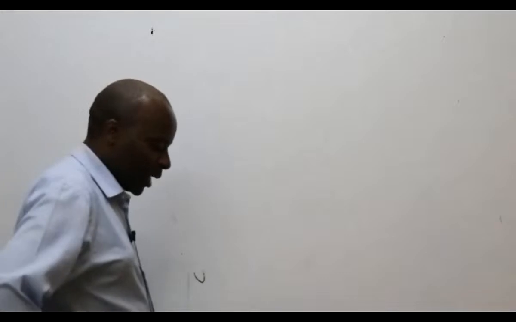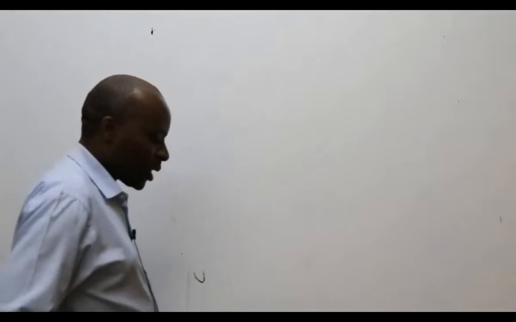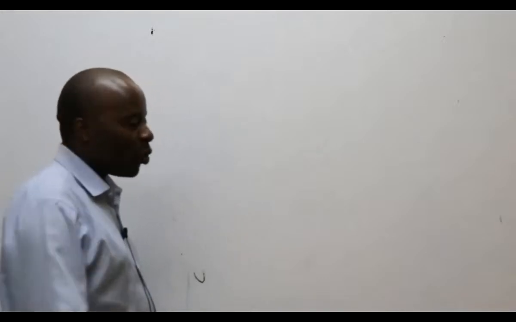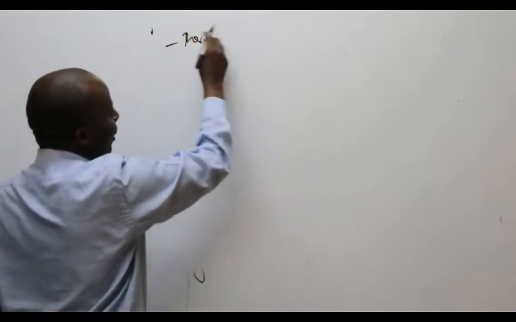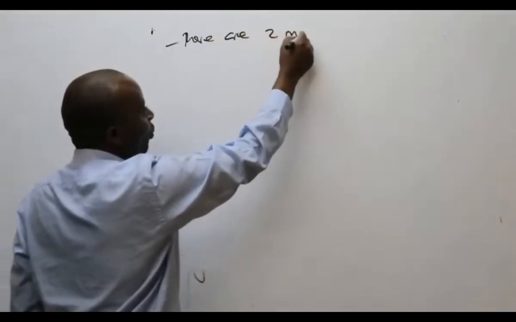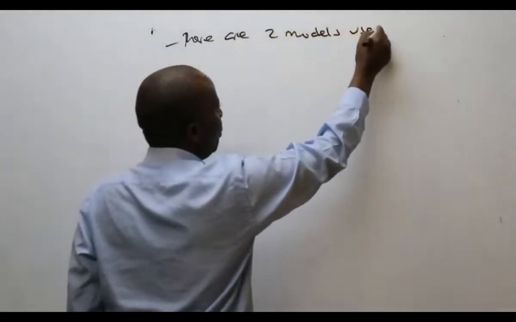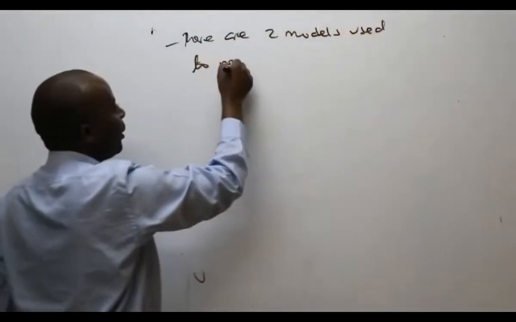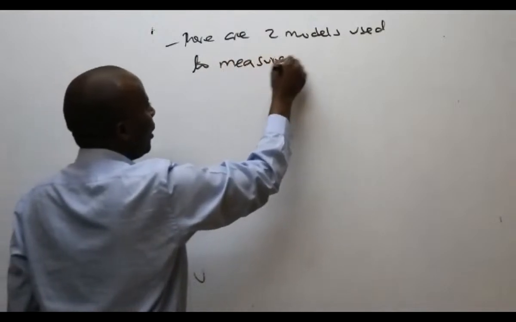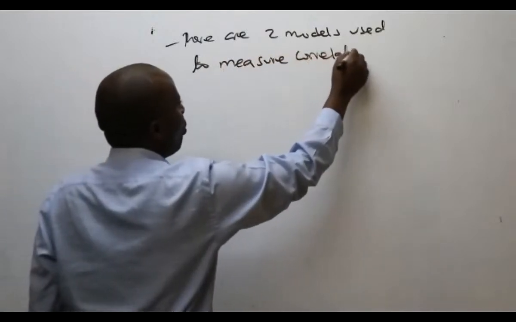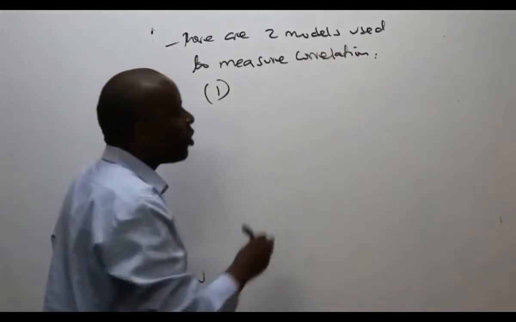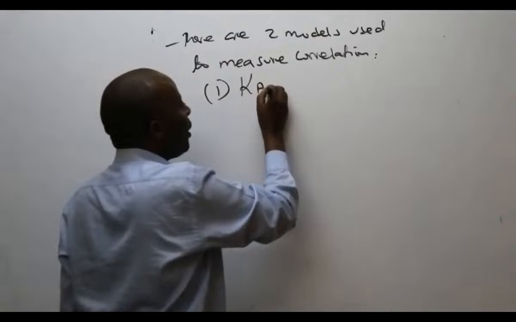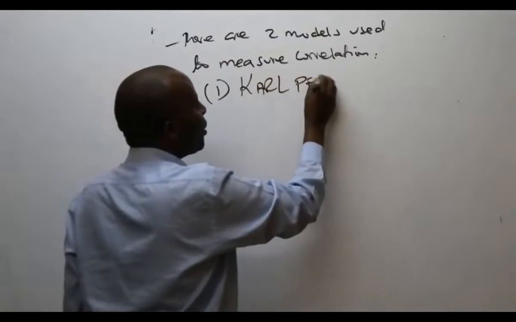Ladies and gentlemen, for us here, there are two models which are normally used to measure correlation. We're writing our notes that there are two models used to measure correlation. Number one, we have what we call the Carl-Pearson's model.